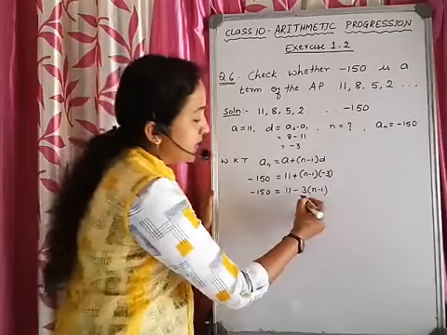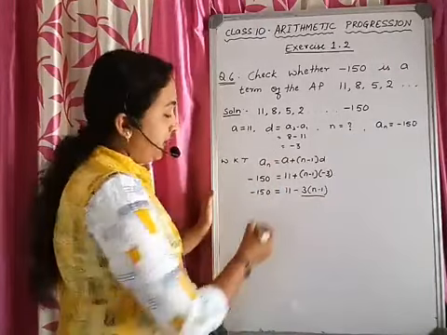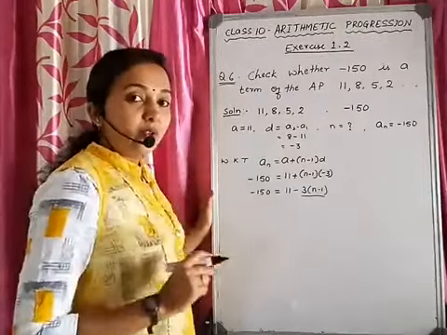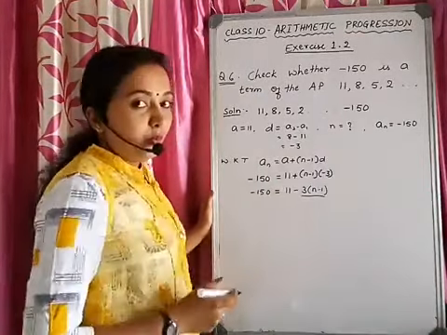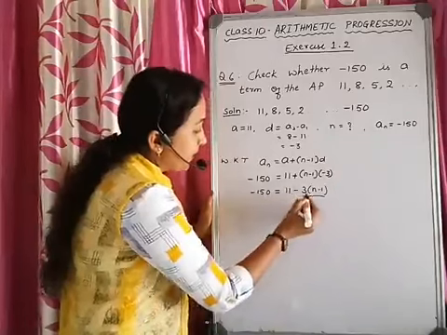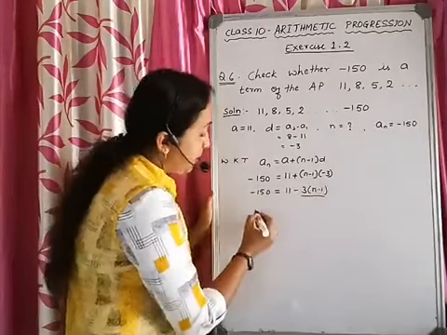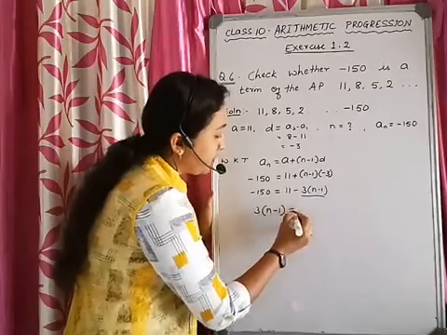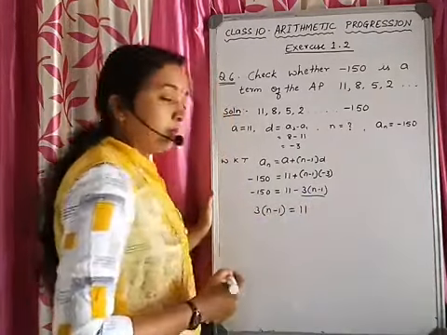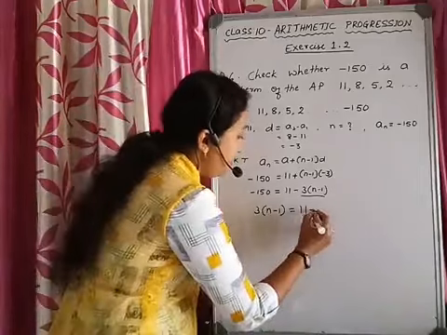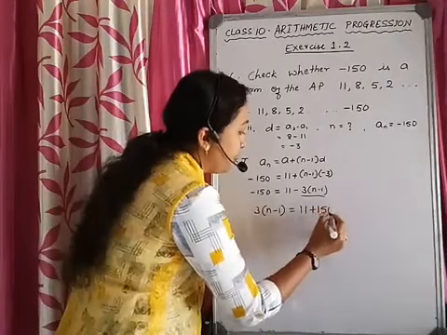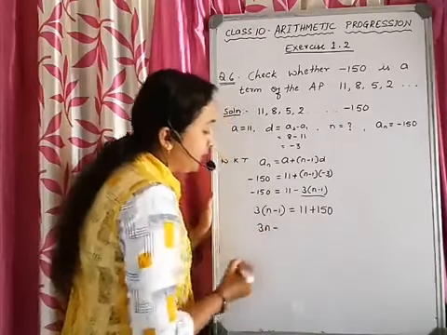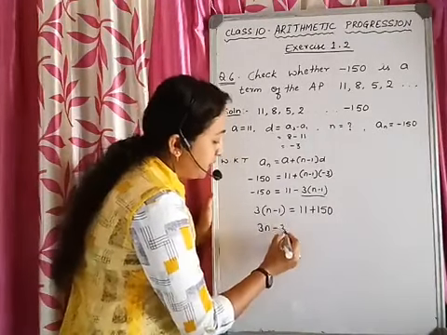Shift this term to the left side and minus 150 to the right side, because we have to change the sign into positive. So minus 3 into n minus 1 will become plus 3 into n minus 1. 11 will be as it is, plus 150. So 3 into n, 3n, minus 3 into 1, 3.